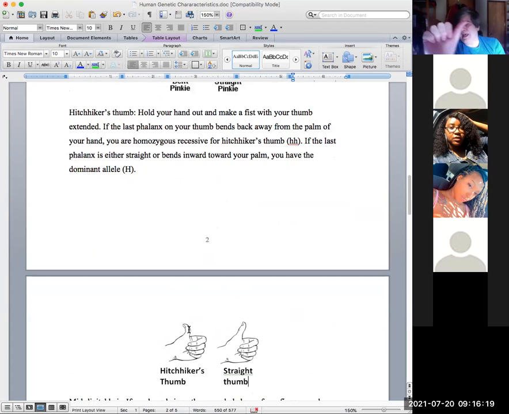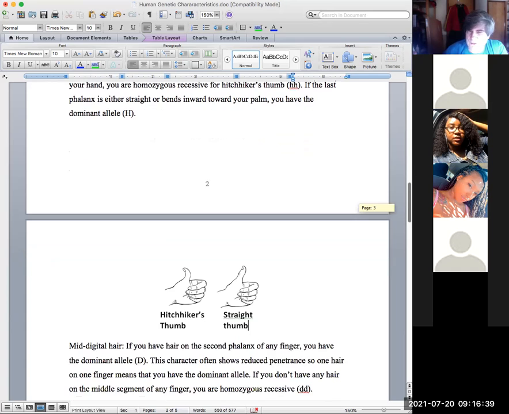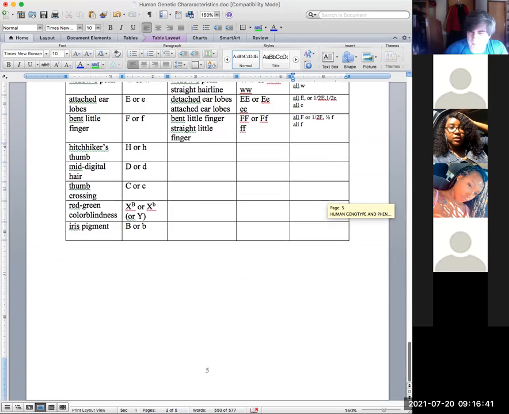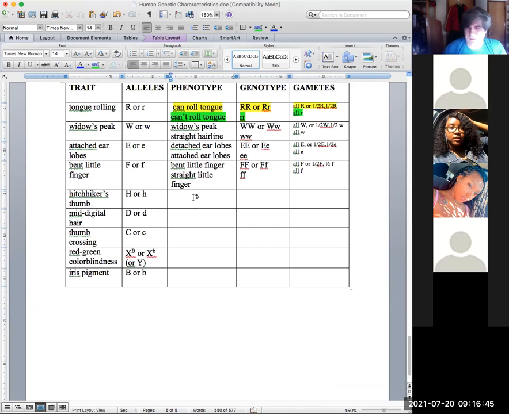If you look at the joint, my thumb is straight at the joint and then it bends outward at the nail. Everybody's thumb bends outward at the nail. But if you have hitchhiker's thumb, your thumb bends outward down at that joint, at the knuckle. So in this case, a straight thumb is dominant and hitchhiker's thumb is recessive.